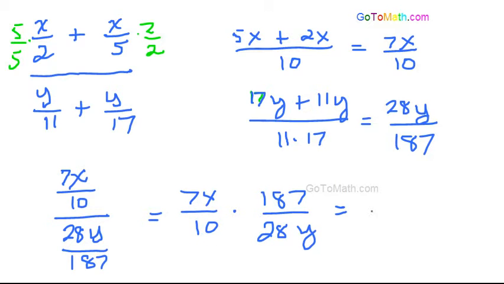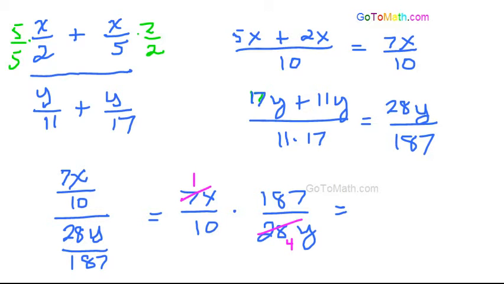Now, let's see, what can we do here? Can we do some canceling out? Let's see, 7 goes into 28 4 times, so let's use a different color here. So that's like a 1, and then this would be a 4, right? And then what about 187?